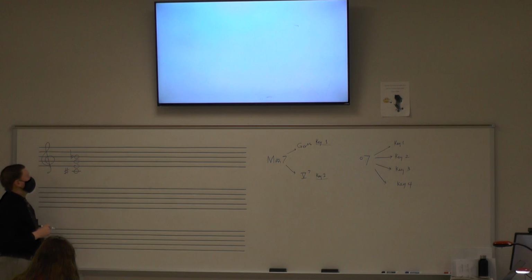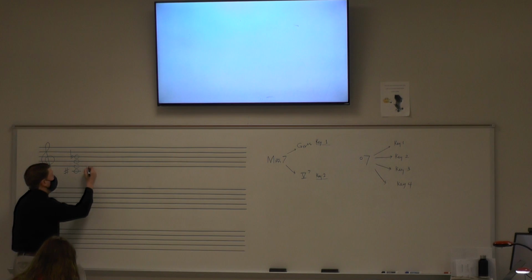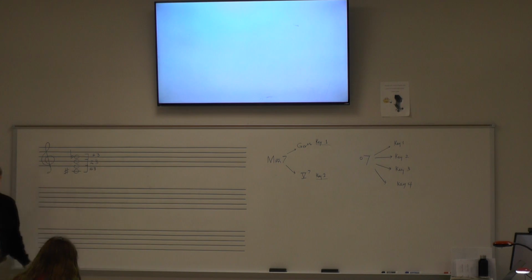All you have to do is stack all the notes in intervals of minor thirds. From the root up to the third of this chord is a minor third. From the third up to the fifth is another minor third. And from the fifth up to the seventh is yet another minor third stacked on top.